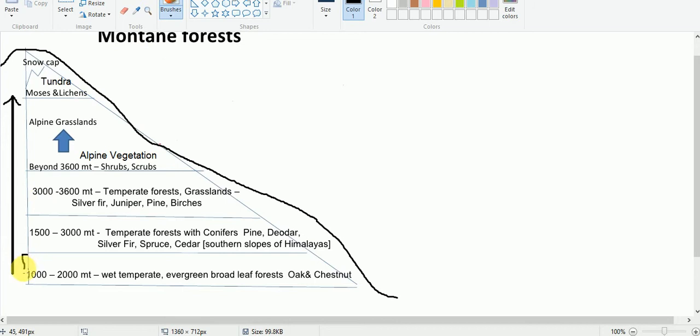Between 1000 to 2000 meters at the foothill, we find wet temperate forests consisting of these evergreen broadleaf trees like oak and chestnut. So this is at the foothill of the mountain.